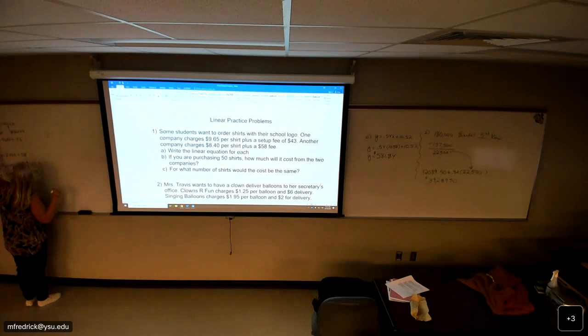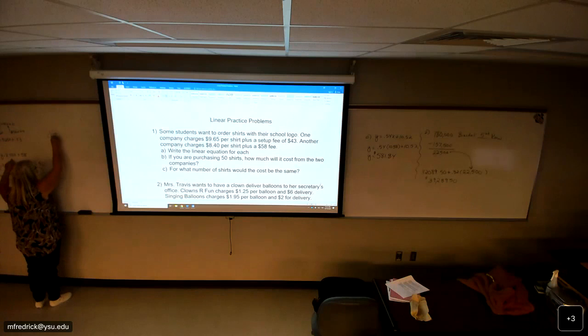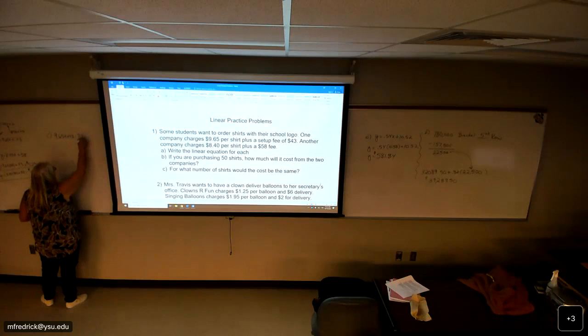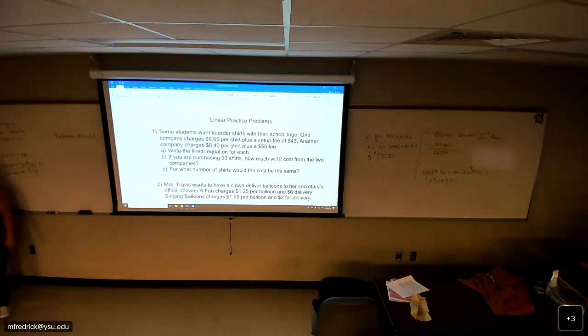They're both solved for y, so we could just set the two equations equal to each other. And solve. Get the variables to one side, the constants to another.